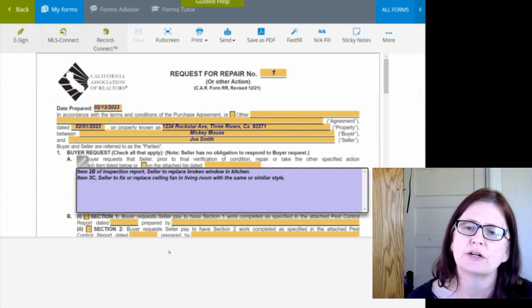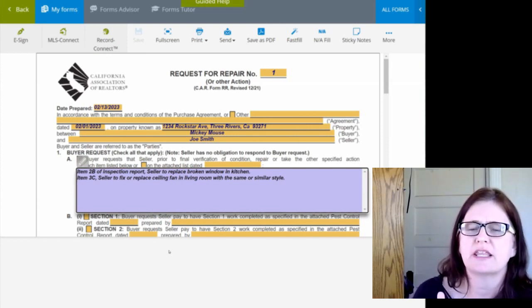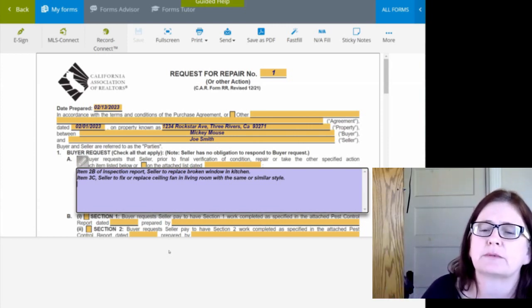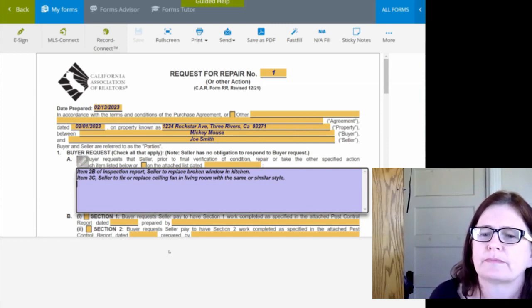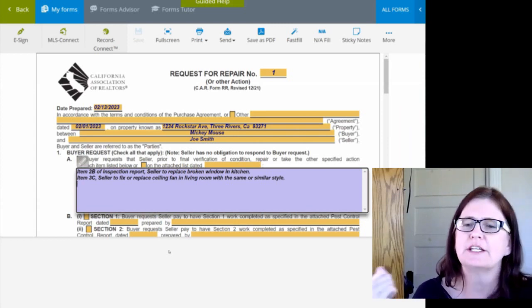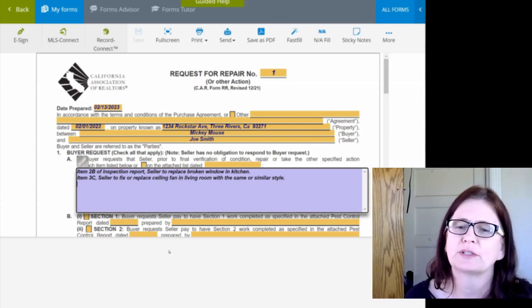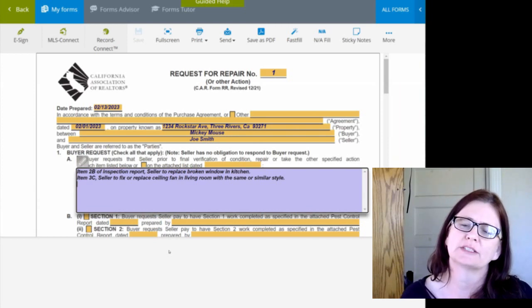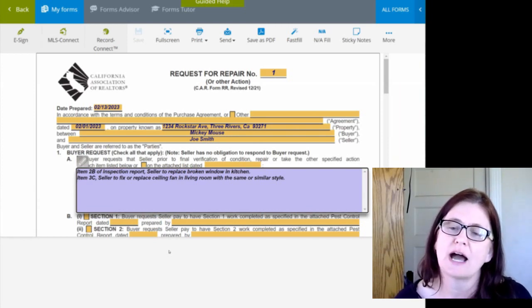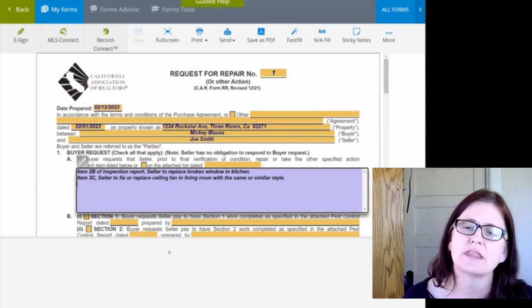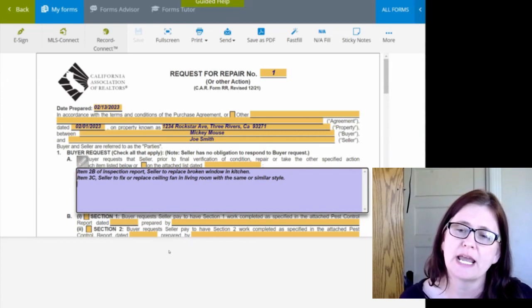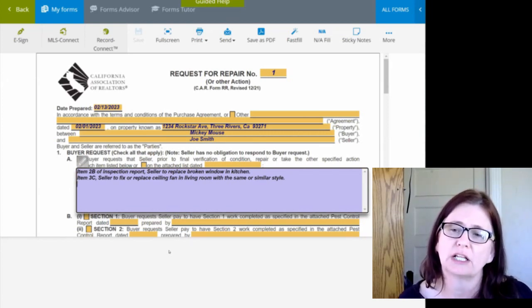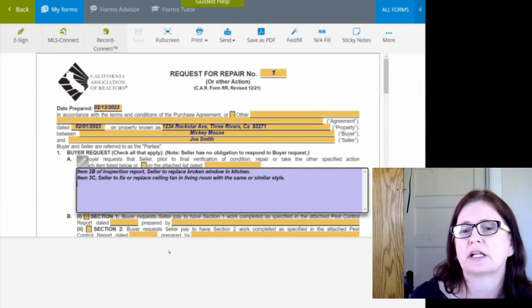And now the buyer knows that they have this $6,000 that they can then go and fix the plumbing issues with, right? Sounds perfect. The plumber comes out and starts digging into the pipes or whatever it was. And oops, guess what? The issue was a lot more in depth than what they thought it was going to be. And now instead of a $6,000 repair, it's a $12,000 repair.